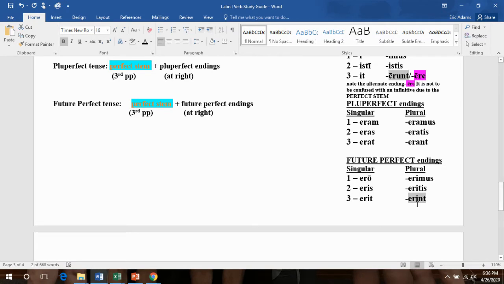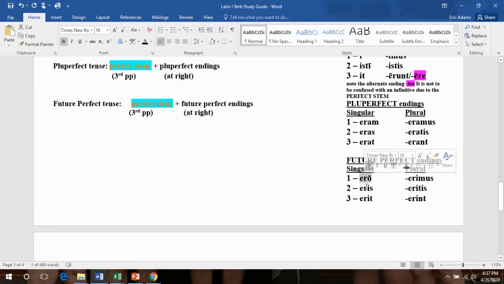And so, just like the pluperfect, the dash indicates that they are an ending and that they are going to be attached to the perfect stem. But if they did not have the dash, they could stand on their own as the future of the verb sum, esse. The present again, sum, es, est, sumus, estis, sunt. The imperfect, eram, eras, erat, eramus, eratis, erant.